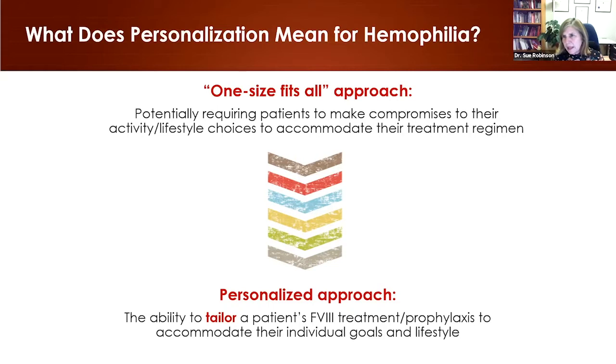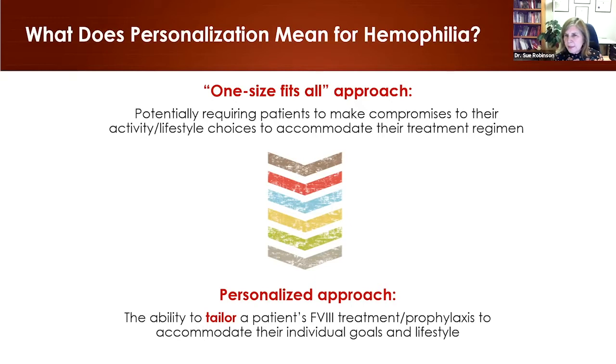Then in the early 90s was the first large publication to show that the group on prophylaxis that kept their factor VIII level above 1 versus the group that was on demand, the group with prophylaxis definitely had better joints. So in those days, using the one-size-fits-all approach for prophylaxis, pretty well everyone was on a standard approach. Usually 2 or 3 times a week they would infuse.